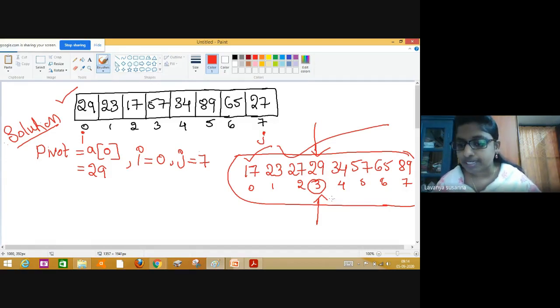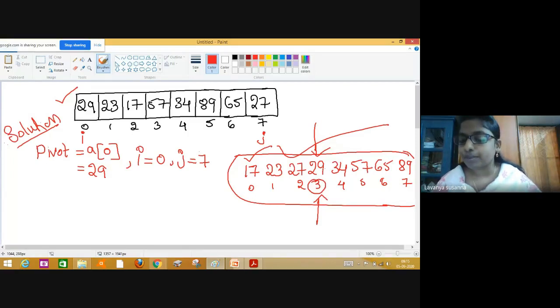Remember that the pivot element must come to its position. What is its position? See, after sorting, these are the elements in ascending order. See the pivot element position 3. So after solving the problem, the list will be divided into two. At that time, the pivot element must come to its third position.